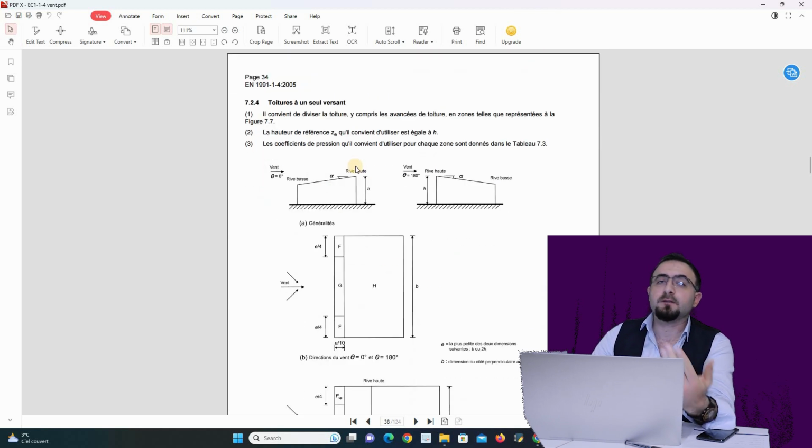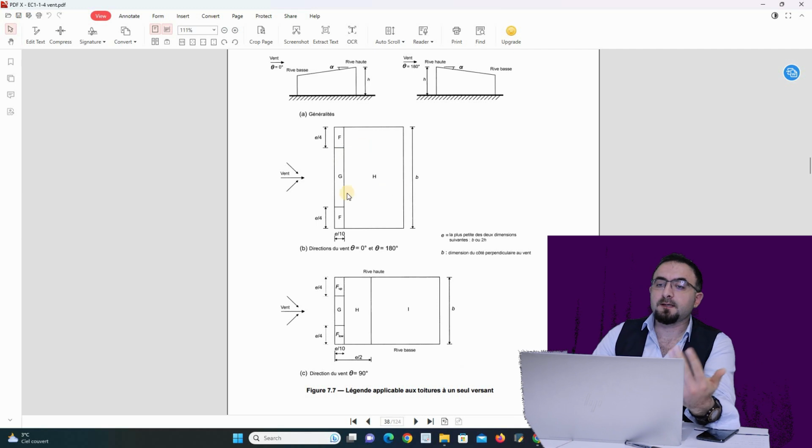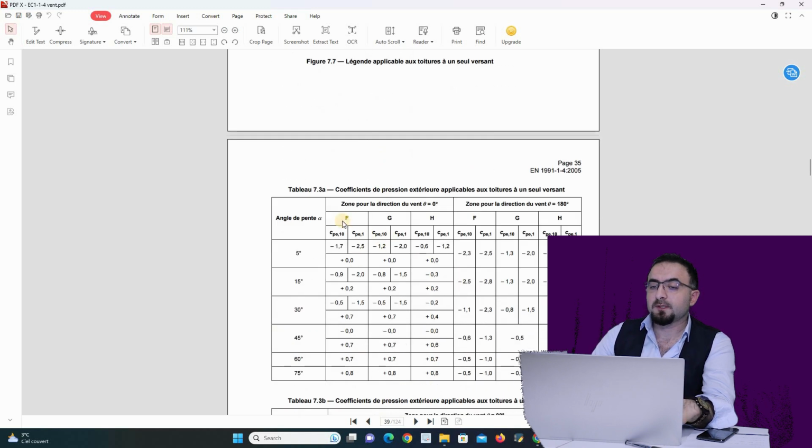We have many types of roof. We have a roof with one inclination, so one slope. The division of the roof is different, as we will see later. This coefficient will be multiplied with the dynamic pressure.